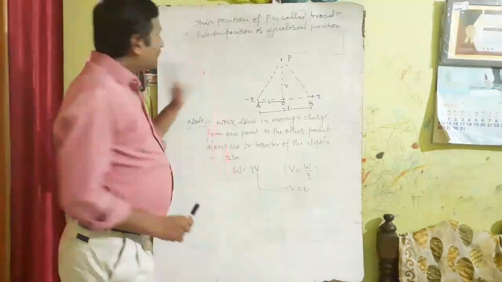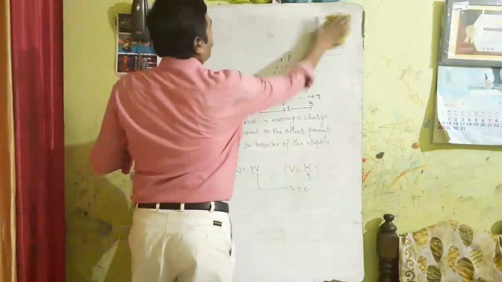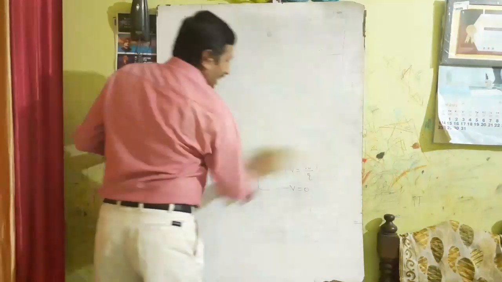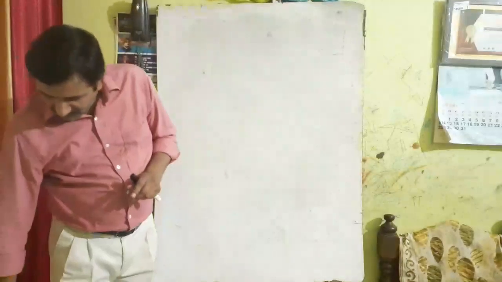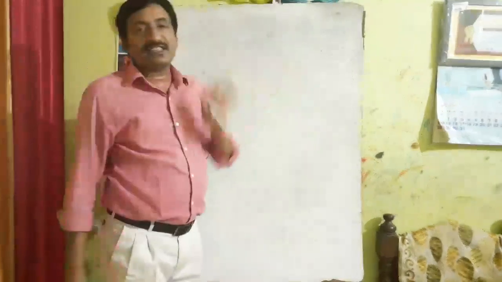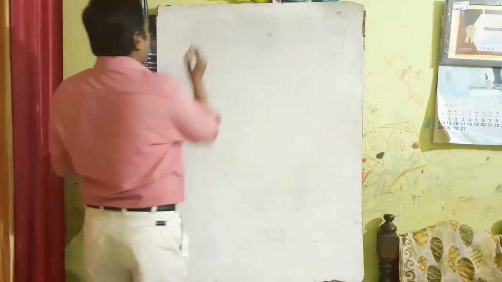So this was the electric potential. Now there is a case when electric potential can be asked at a point which is neither on the equatorial axis nor at the axial position. In that case, how will you do it? So let us discuss that.